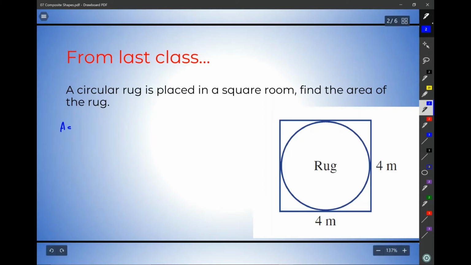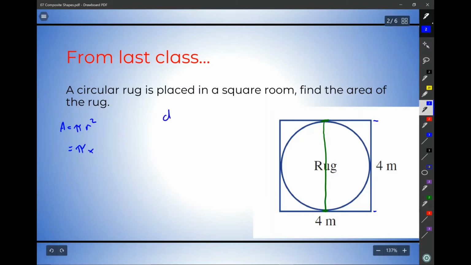Right, remember the first thing we do when we're dealing with questions where we have a formula is we write down the formula. And now we fill in the values, but what is our value for r in this question? It's not given to us, but we can figure it out. Because we know that the side of the room has a length of 4 meters, that means the distance here, that's a bit hard to see, blue on blue, the distance here through the center of the rug is also 4 meters.